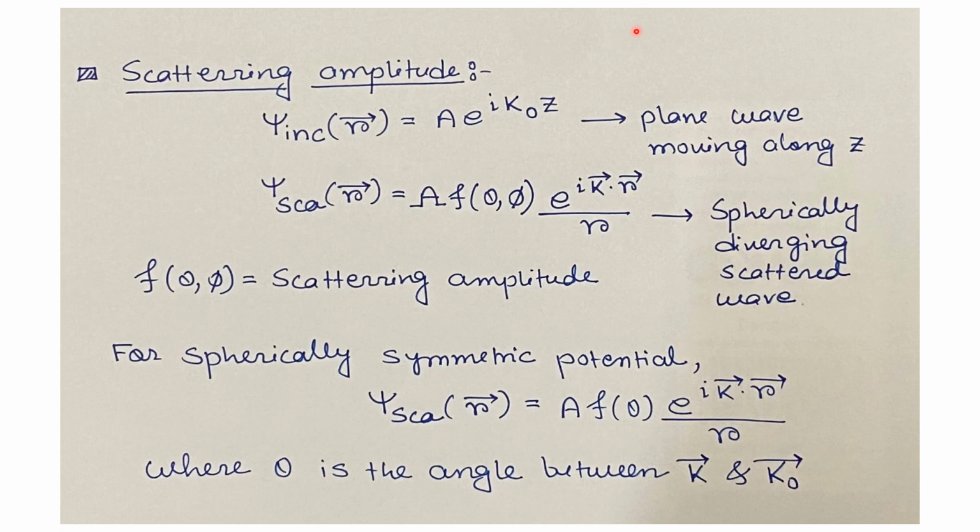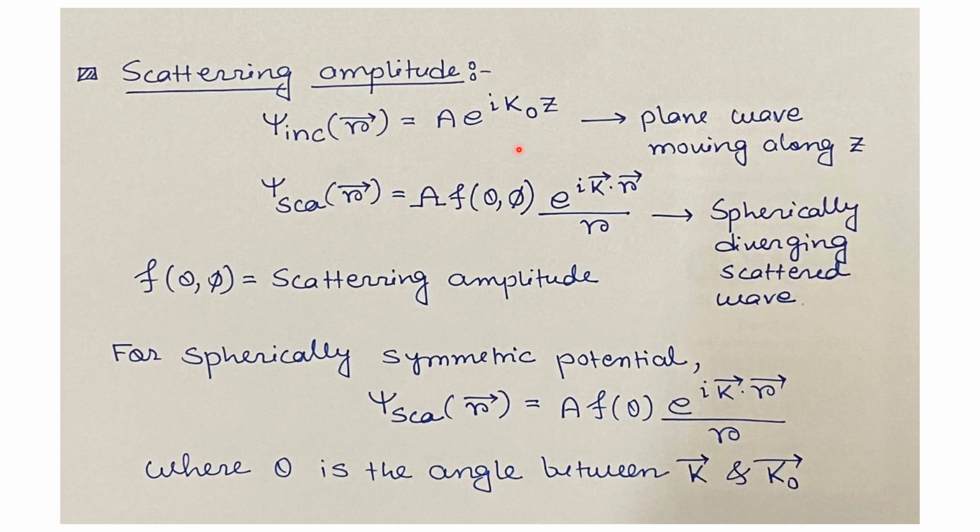Now, as the particle beam is moving along the z direction, we can write the wave function for the incident particles as psi incident equals A times e to the power i k naught z. So this is the equation of a plane wave moving along the z direction.